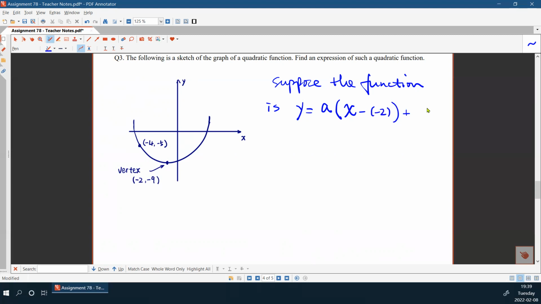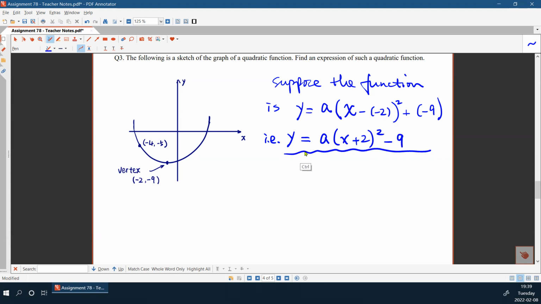Then plus k. K is the y coordinate of the vertex, which is -9, right? Which is y equals a times, sorry, I missed the power of 2 here. So y equals a times (x plus 2) squared, then minus 9. This is a vertex form of the function, right?